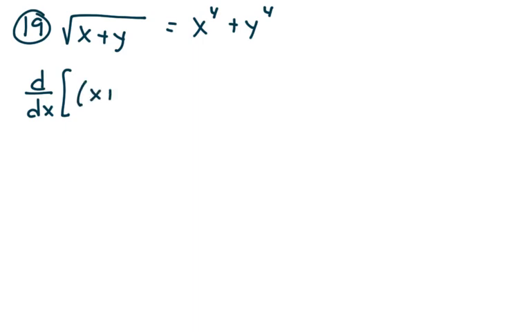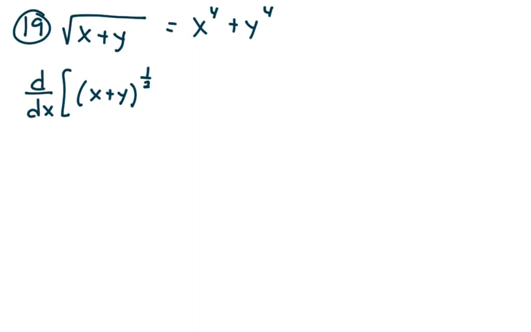Suppose the square root of x plus y is equal to x^4 plus y^4. I'm going to differentiate both sides with respect to x. If you don't mind, I'm going to rewrite the square root of x plus y as (x+y)^(1/2).